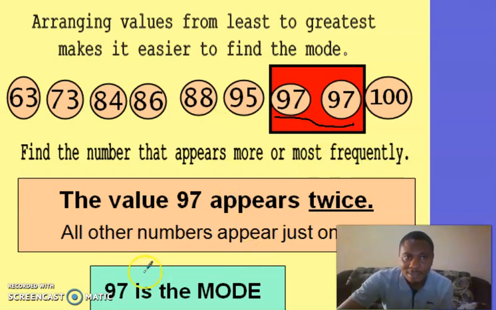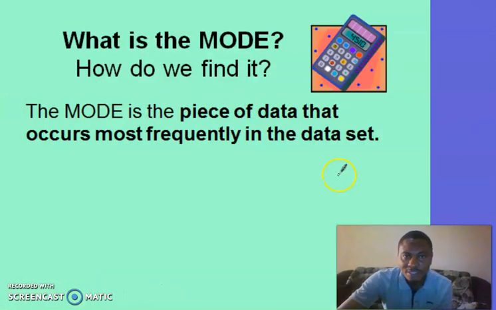So in this example, we discovered that 97 here is the mode, the number that appears more or most frequently. So what is the mode, and how do we find it? The mode is the piece of data that occurs most frequently in the data set.